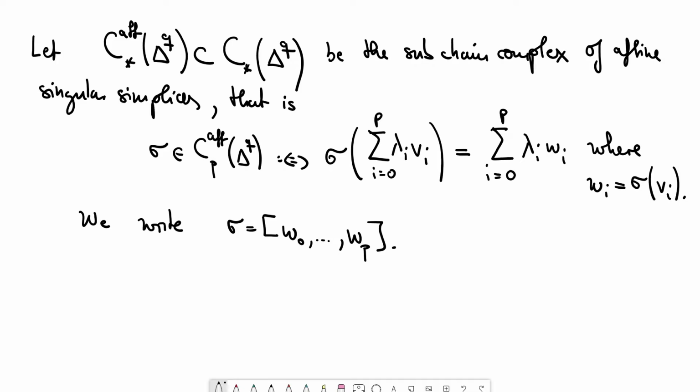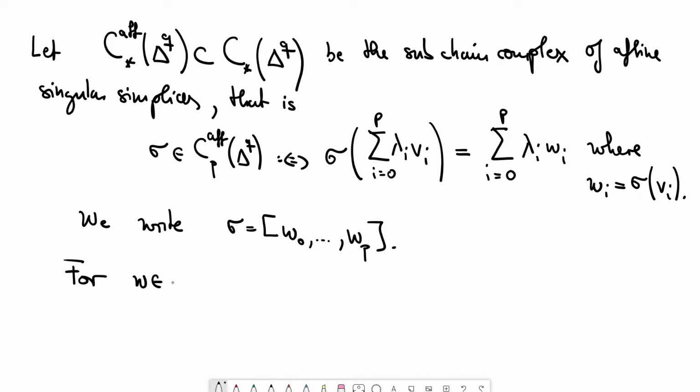So to define the barycentric subdivision procedure, that's the main tool for the proof, we first define it now on that chain complex, on the C affine delta Q chain complex. And I need some further notation.